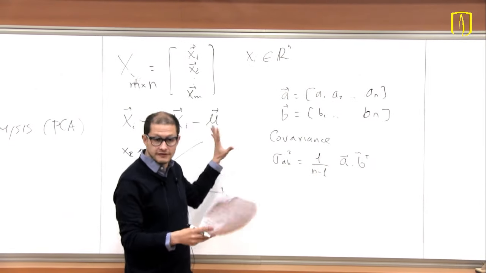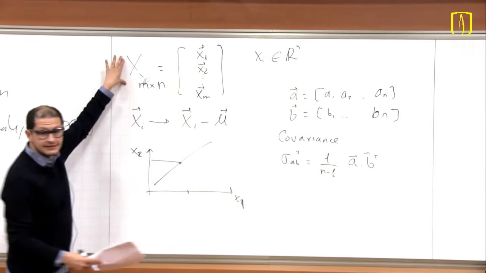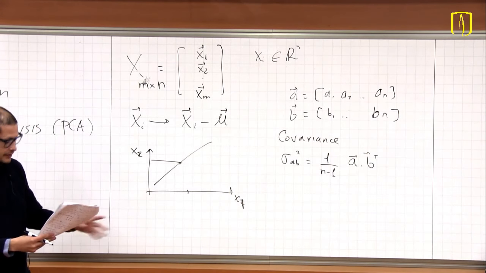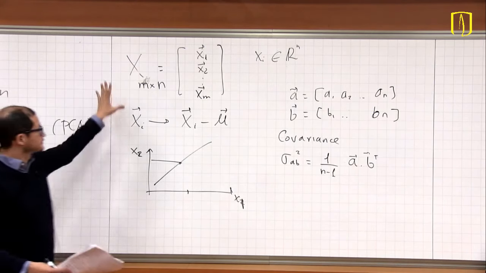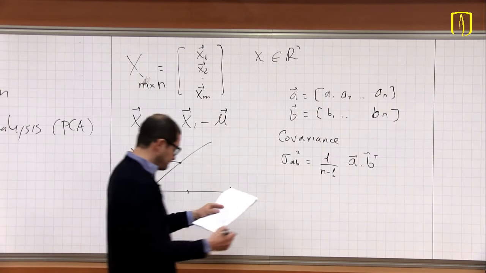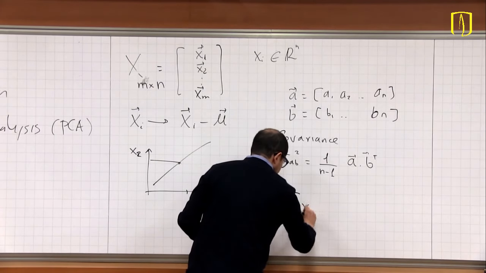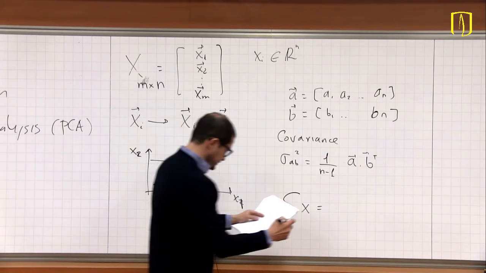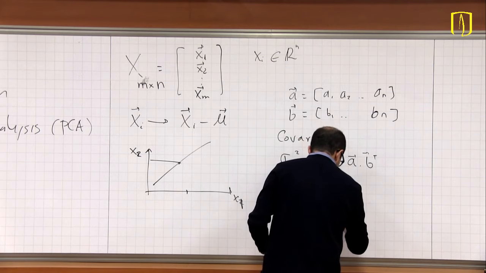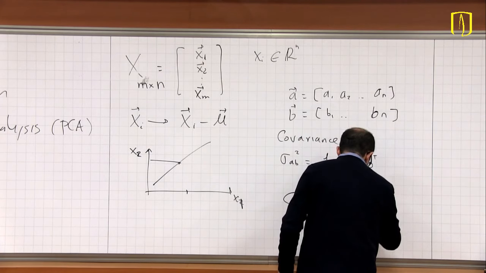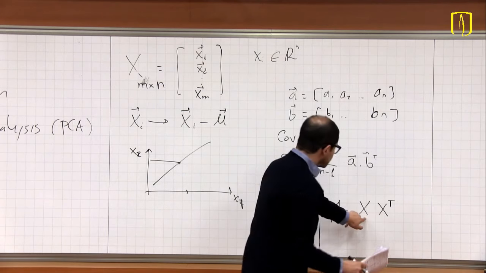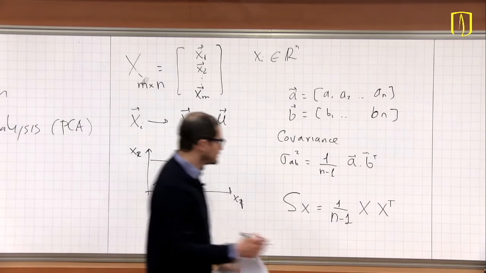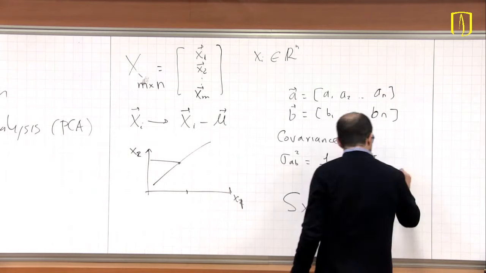We can generalize this idea, which I wrote for two vectors, to the entire data set that we have. So what is the covariance matrix for this data set? That's the question. It's this object. I'm going to call it SX, meaning the covariance matrix of my data set X. It is 1 over n minus 1 times X times X transpose, where X is my design matrix.